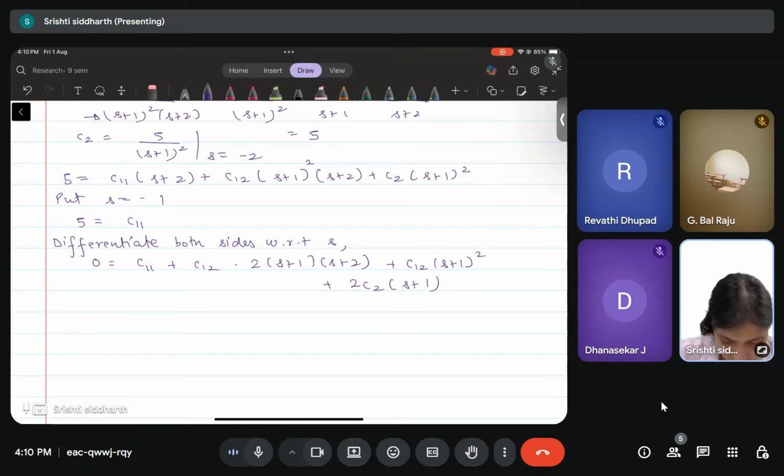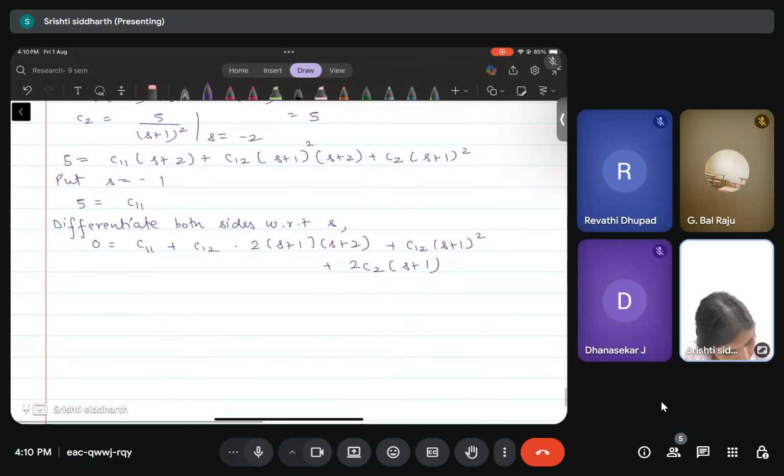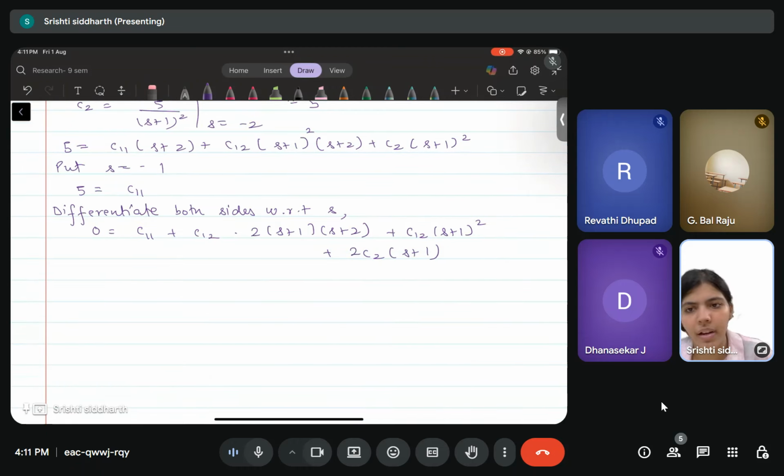So let's check once. We will get it by substituting s equals minus 1. Okay, then we can just expand both sides.